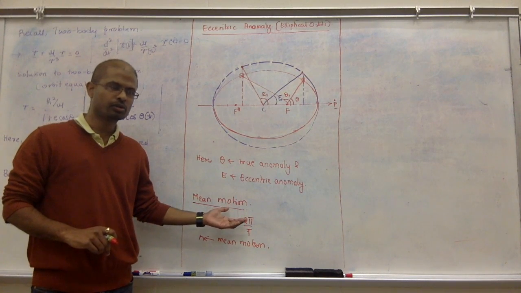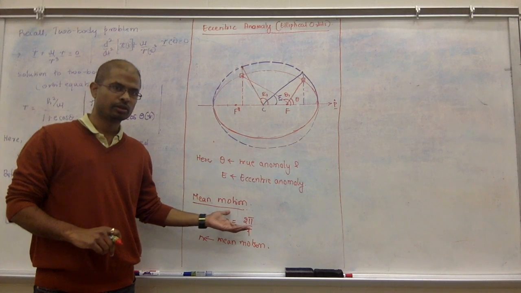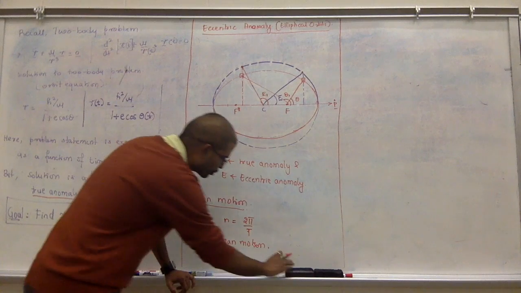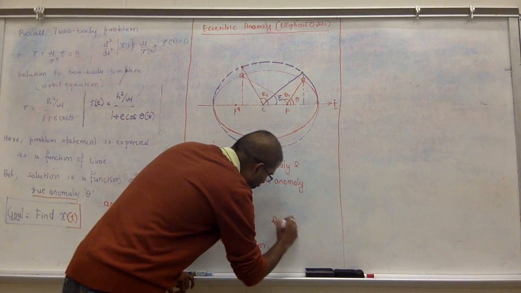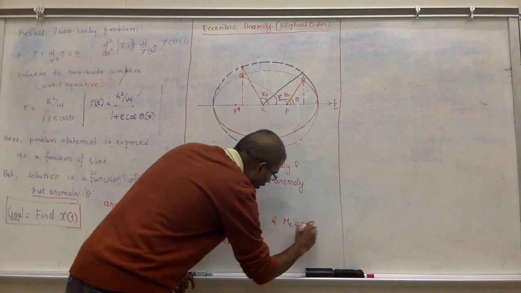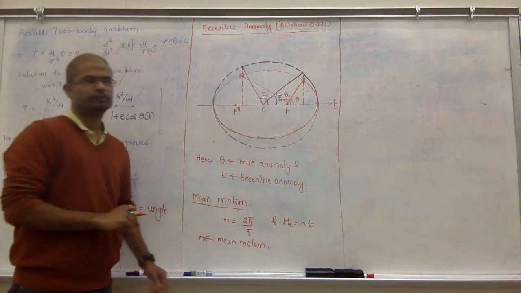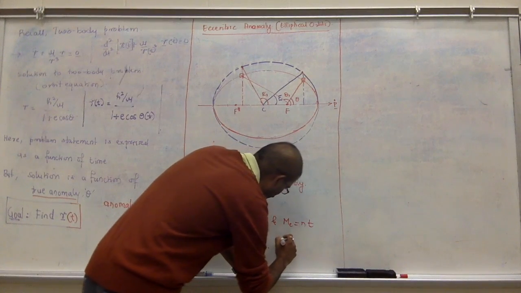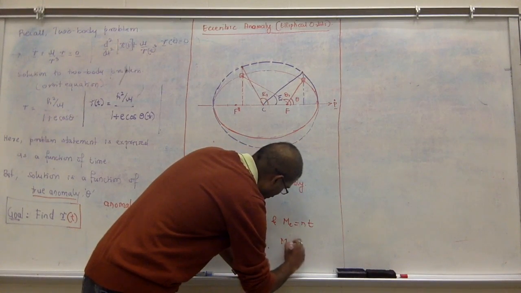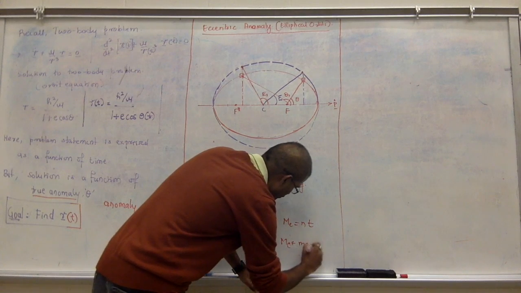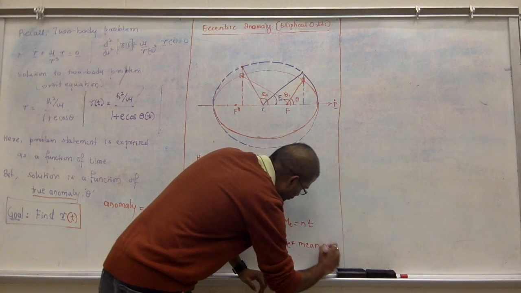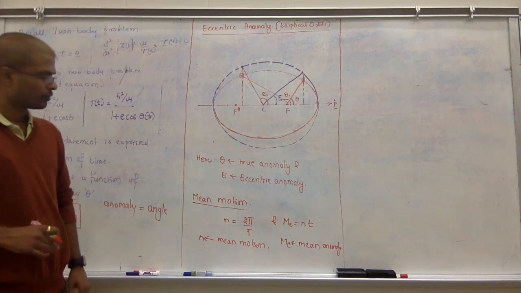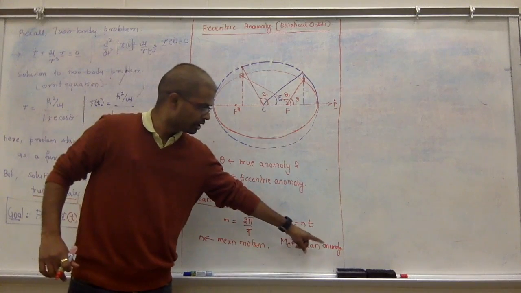You use general geometry, general terms, but you call them by a different name. So this is mean motion, and we introduce something called mean anomaly, which is n times t, and M is the mean anomaly. I told you guys that anomaly is always an angle.